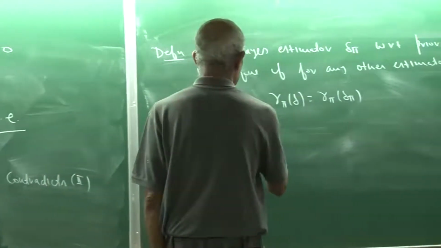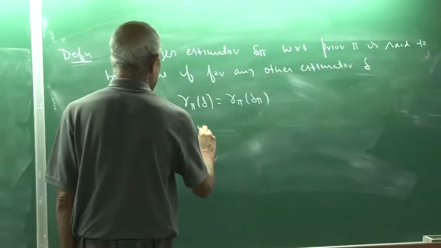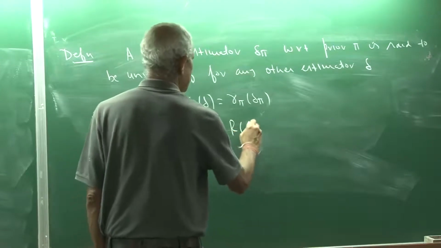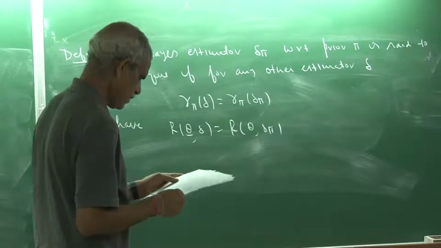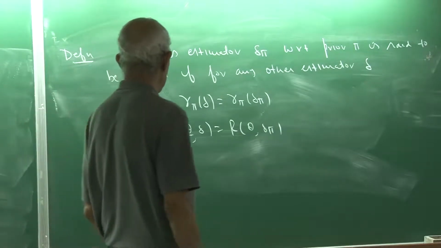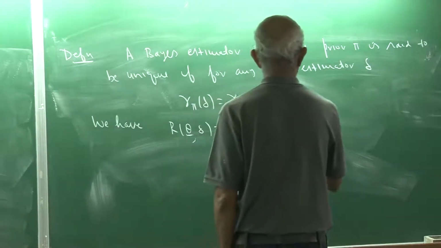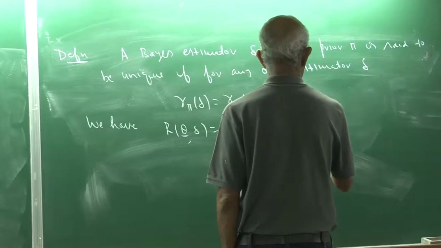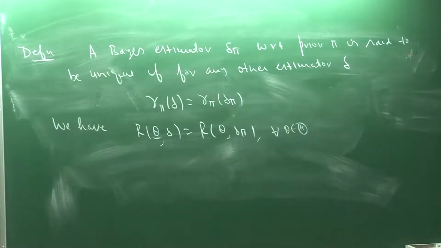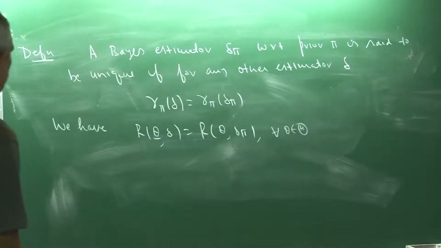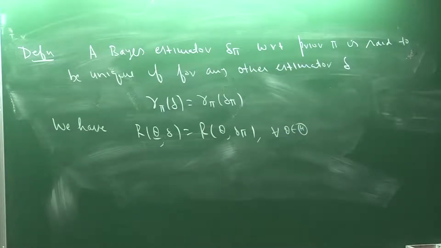So that means r(theta, delta) is the same as r(theta, delta pi) for every theta belonging to Theta. So that is the definition of unique Bayes.